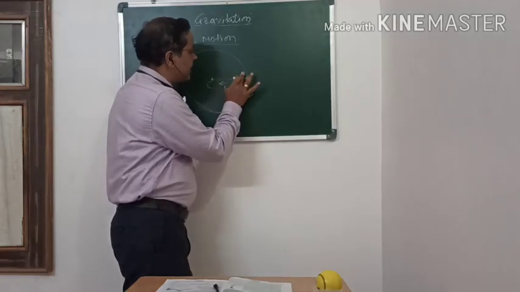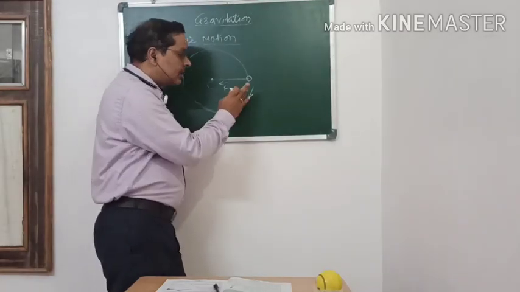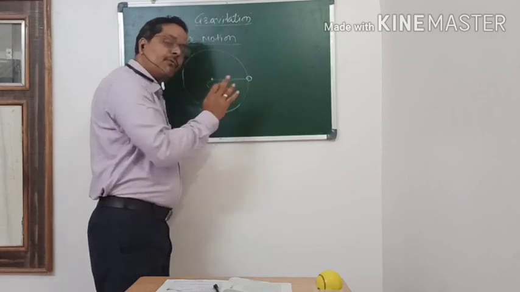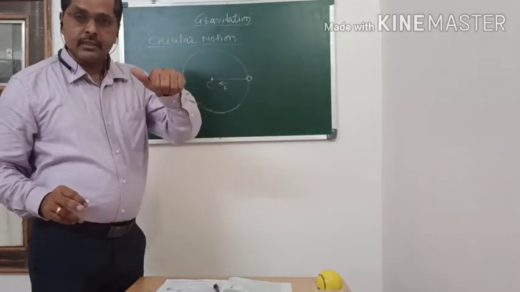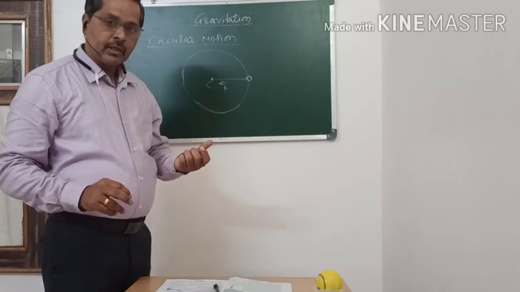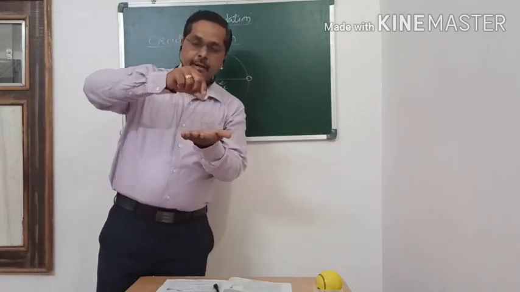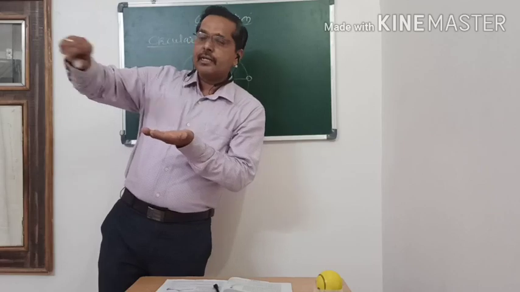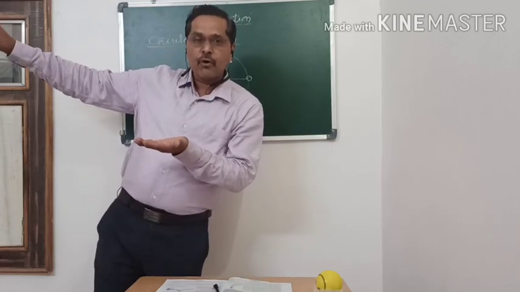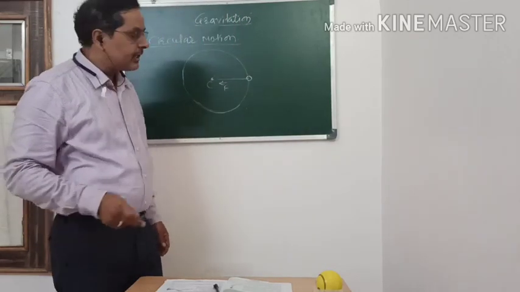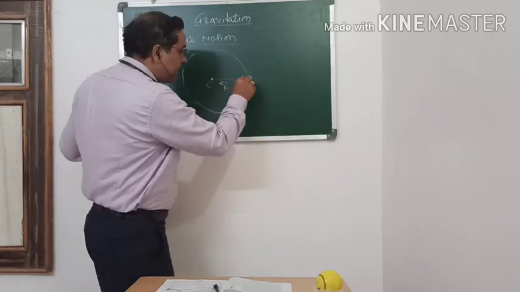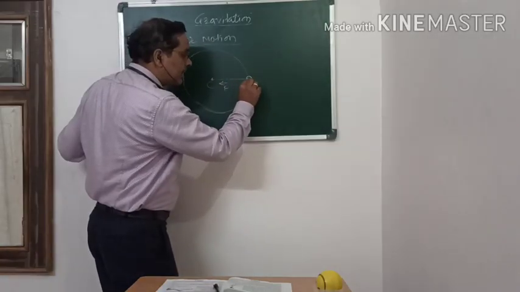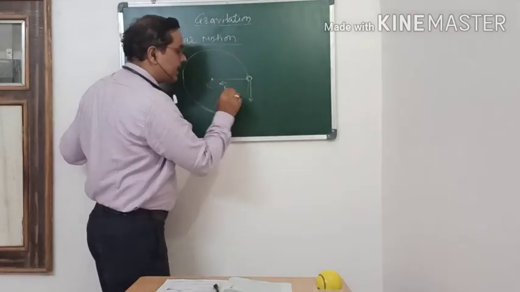Then in which direction does it go? For that we have seen one experiment of a rotating disc. If we rotate a disc and place a coin on it, then the coin goes off from it in a tangential direction. If I leave this ball here, it goes in this direction.